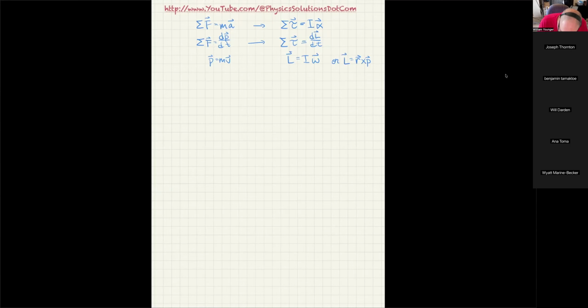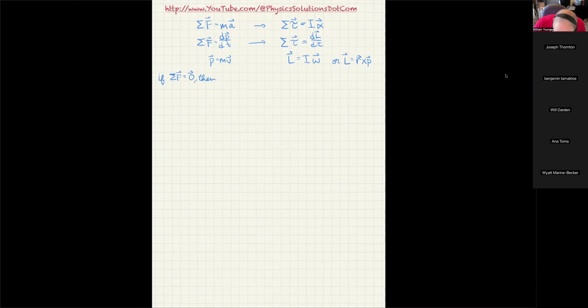If you look at dp dt equals the summation of the forces, you see that if the summation of the forces acting on the system, notice the wording here, I'm talking about the system as opposed to a single object, is zero, then dp dt of the system is equal to 0, and that implies P of the system is equal to a constant. And that is what we mean by conservation of linear momentum.